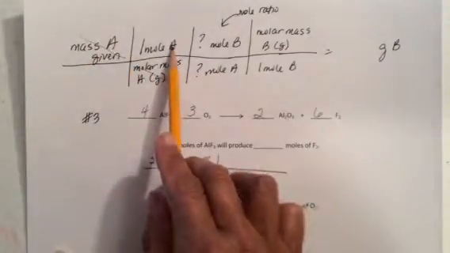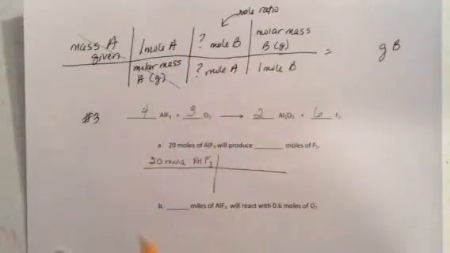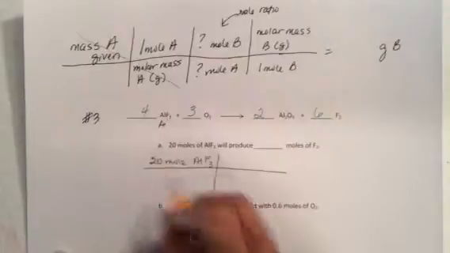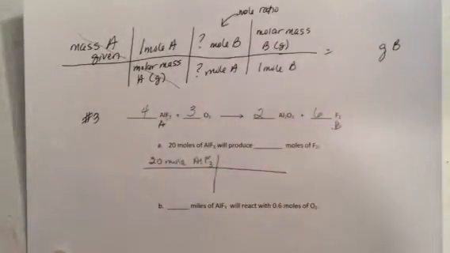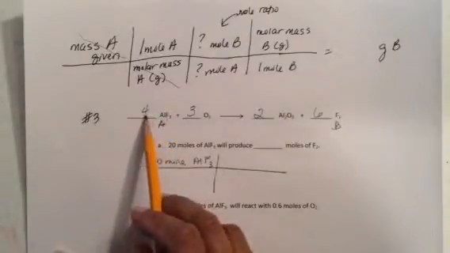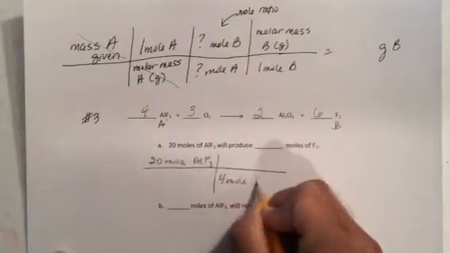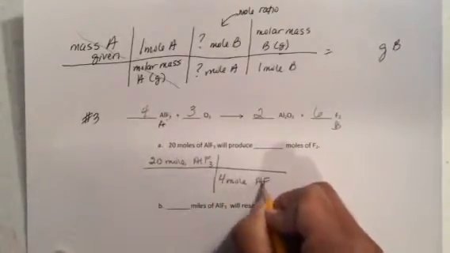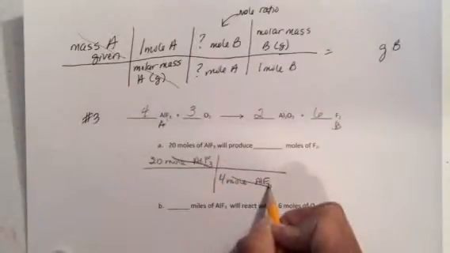Next step is to use the mole ratio from the actual chemical equation. Our A is aluminum fluoride, and our B is the fluorine that we're looking for. So this many moles goes on the bottom, the 4 moles of aluminum fluoride, and that's going to allow these units to cancel, which is what you want.